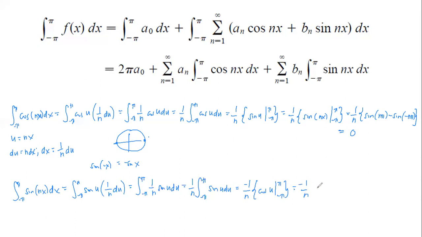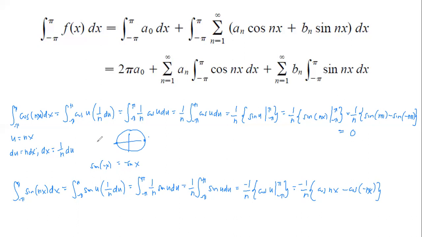So 1 over n. So what is u again? nx. Then minus cosine negative nx, no? Okay, so cosine nx, if we try to evaluate that, we have two possible values now, it's either negative 1 or 1.